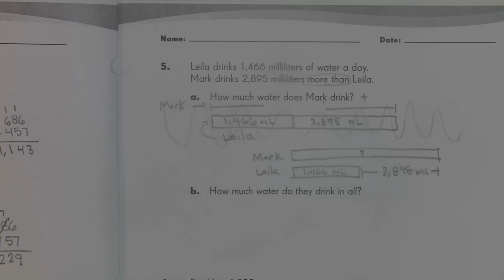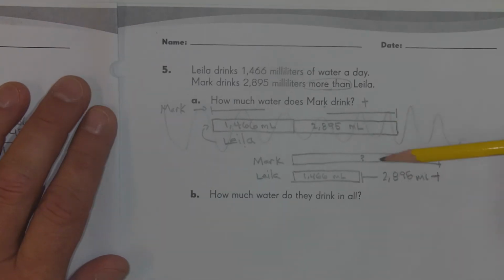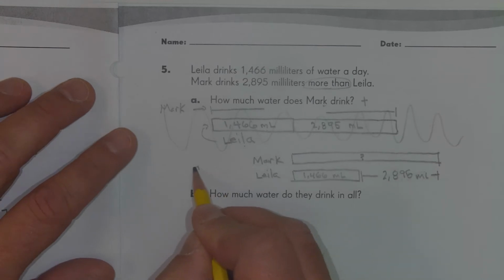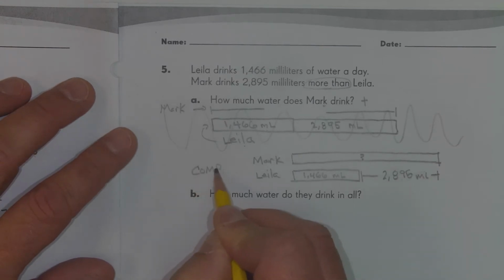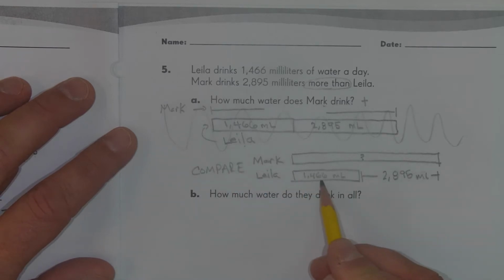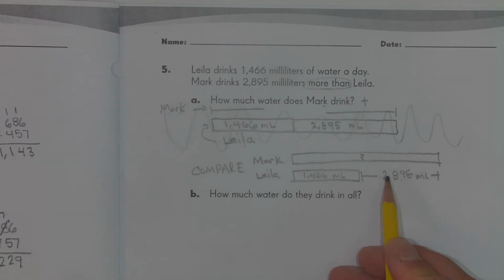Okay, so this is how I solved my problem. It turns out that they look very similar, but I did go through and make my comparison model here. Okay, remember I'm comparing. But what I found out was I still use the addition part of my comparison model, because my question mark is up here. This is what I don't know, how much total Mark drinks.